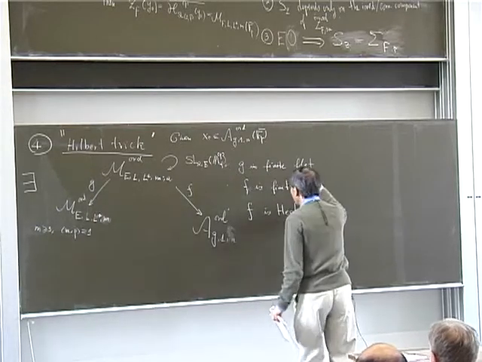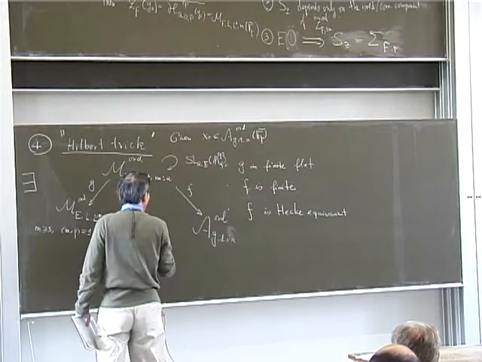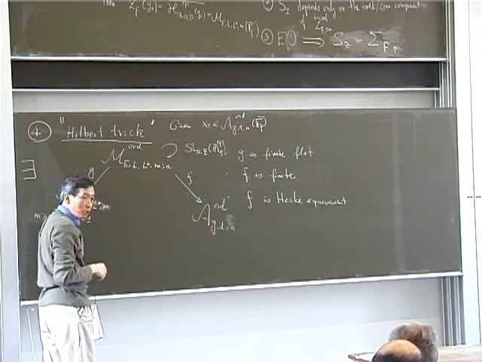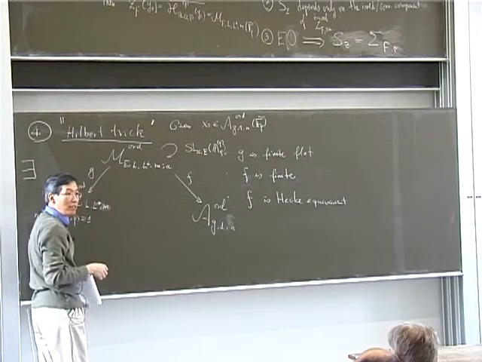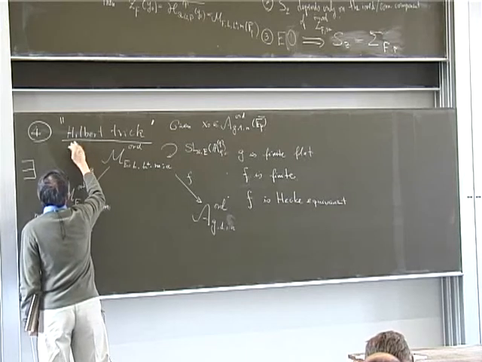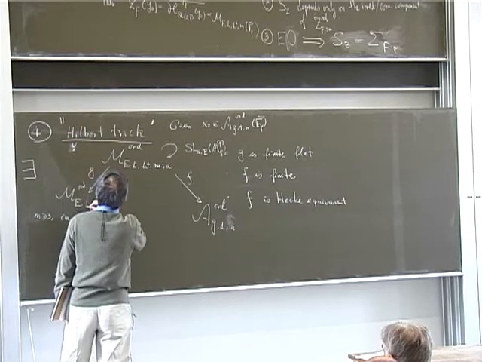And so G is finite flat, F is finite, and now I have one more crucial property. We know lots more properties about this diagram, but there's a crucial one.